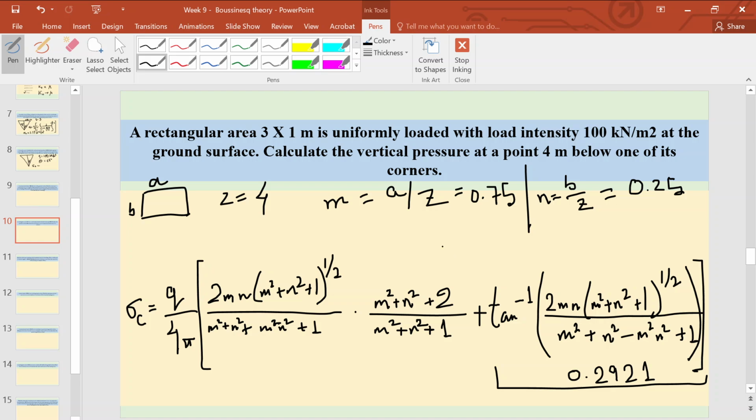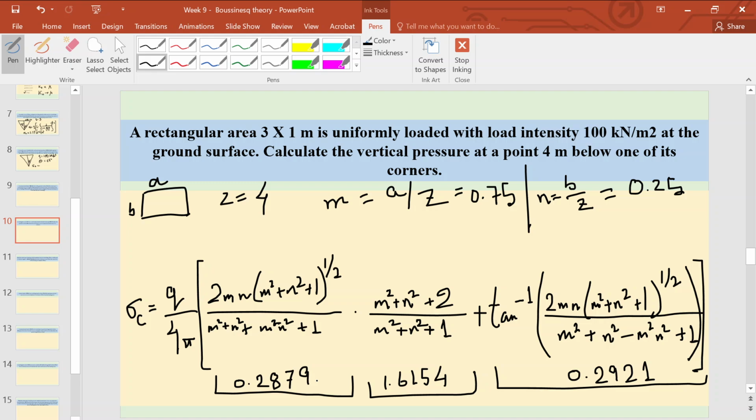This middle part, the product part, you will be getting approximately 1.6154. And the first part you will be getting approximately 0.2879.